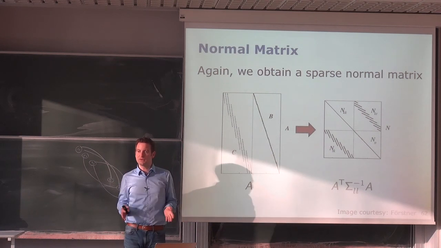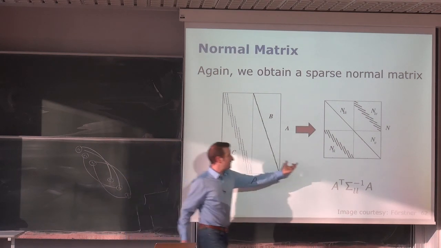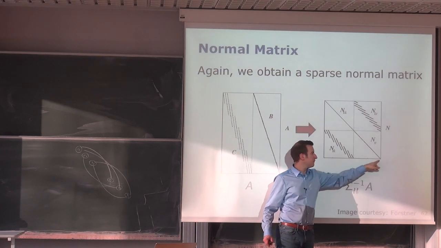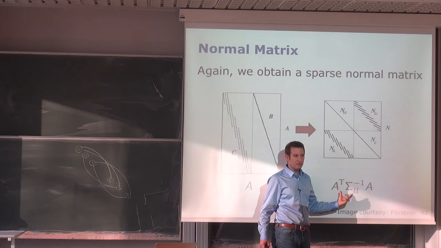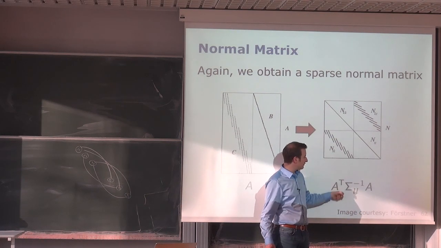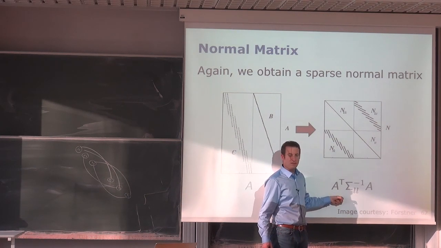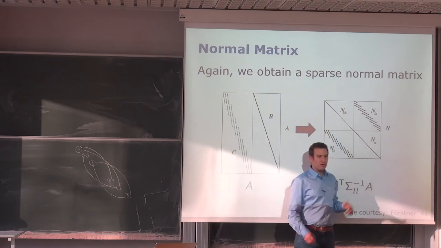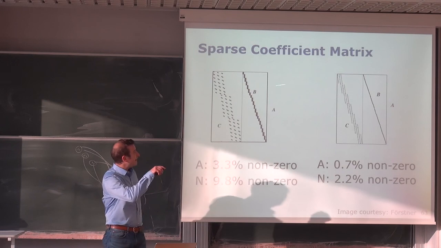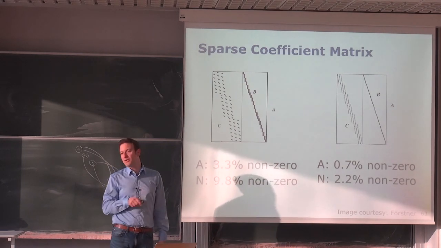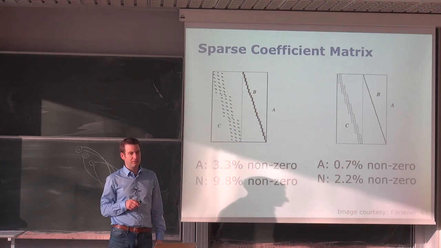So I have a quadratic number of elements, and whenever I add a new row, I just add a constant number of non-zero elements. So I have a linear increase in the number of observations that I add, but the number of overall elements in the matrix grows quadratically. So the larger my problem gets, the sparser it gets, which is great.